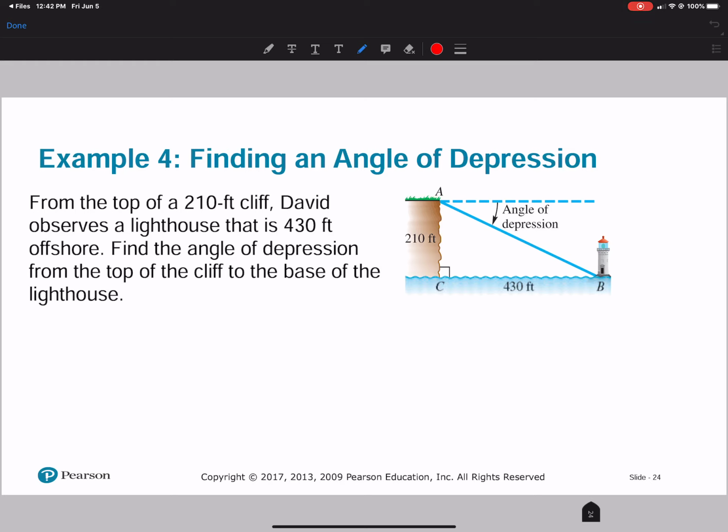So we're trying to find the angle of depression. We could do this a couple ways. If we're looking for the angle of depression, it should be the same as the angle of elevation, which will be this angle.